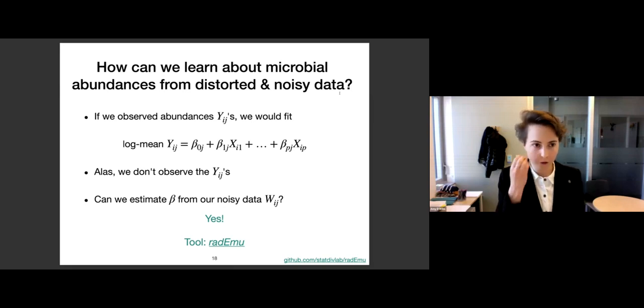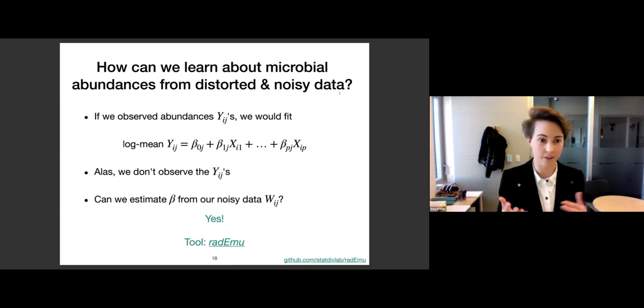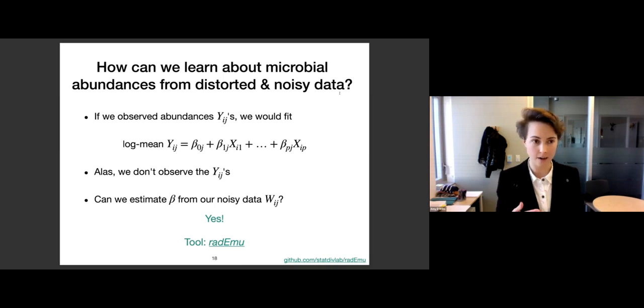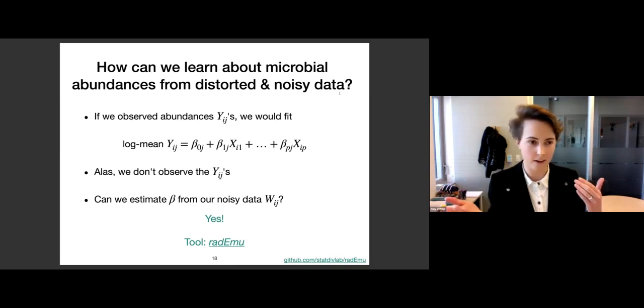Okay, so let me focus on one parameter that you can estimate in the presence of this noise and distortion. So I presented earlier this regression model for the log mean, the log of the average abundances as some function of our environmental type data. But of course, we don't have the W's, so we can't find or estimate the betas.